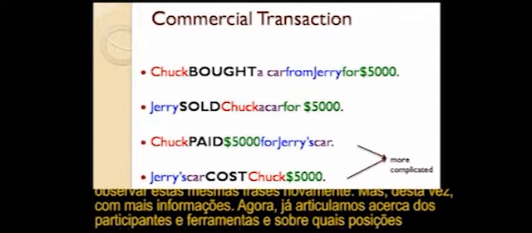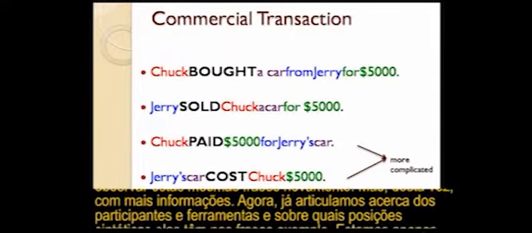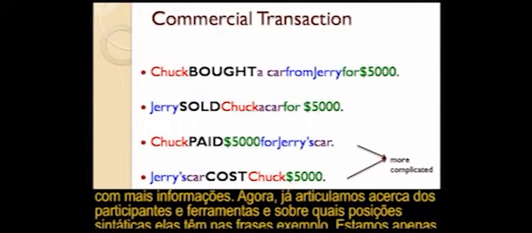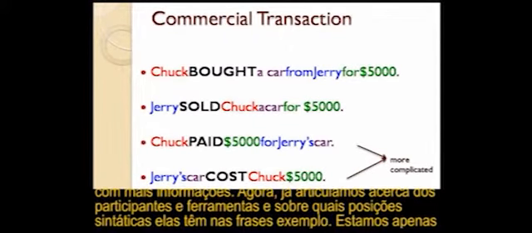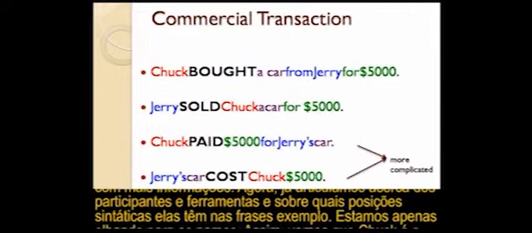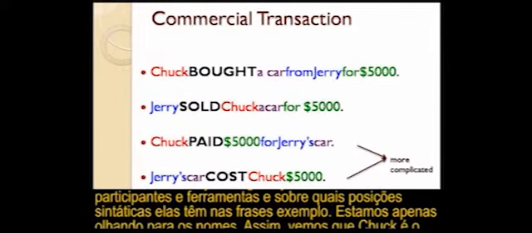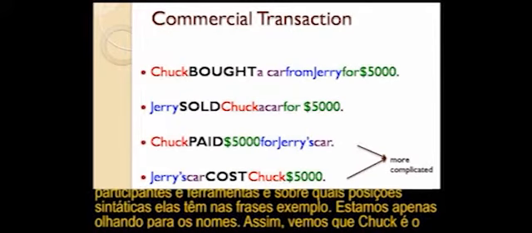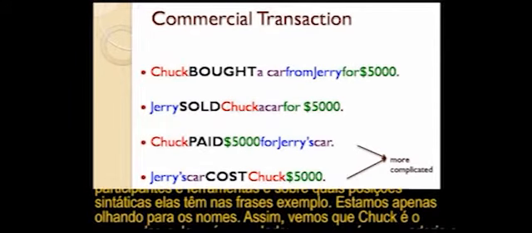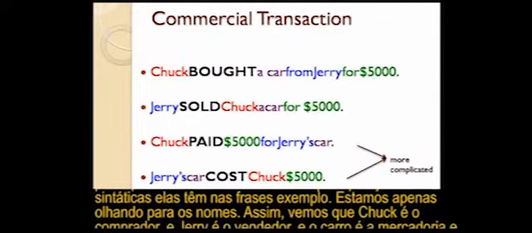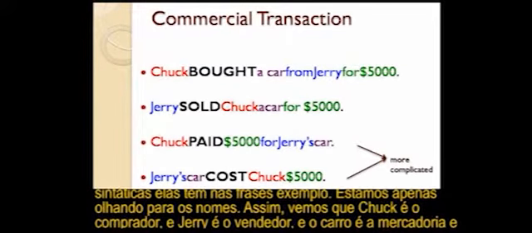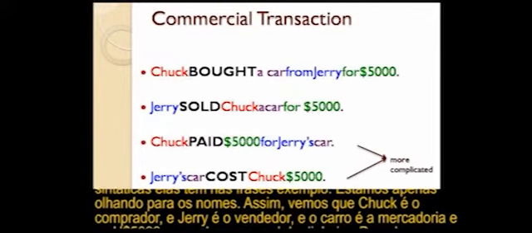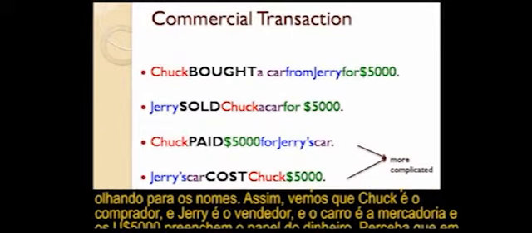We're just looking at those nouns right now. So we see that Chuck is the buyer and Jerry is the seller, and car is the goods and $5,000 fills the role money.